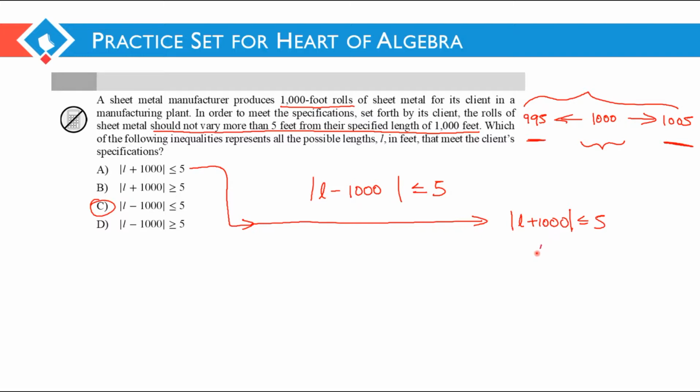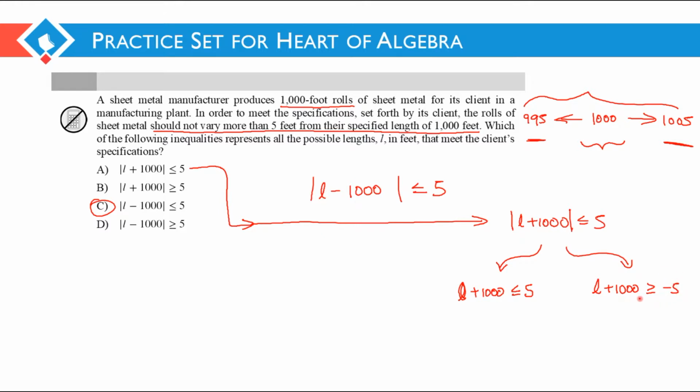And in this case, we know that there's two possibilities, right? The inside can be positive 5 or negative 5. So we know that L plus 1,000 can be less than or equal to 5, or we know that L plus 1,000 can be greater than or equal to negative 5. And remember, we flipped the sign because we flipped the sign of this little value right over here.